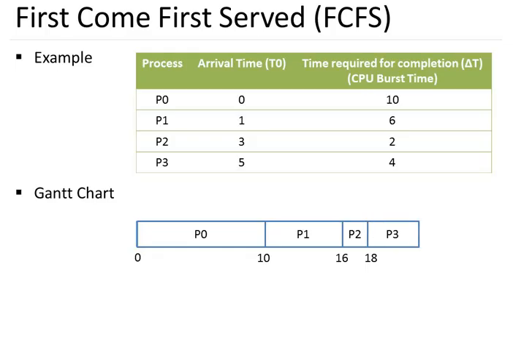It requires 4 units, so from 18 to 22 this process will be executed. So you can see in this system process P0 came first, after that P1, P2 and P3, and from the Gantt chart you can also see the processes have been executed by the CPU in the same order in which they arrived in the system. That is why it is first come first served.